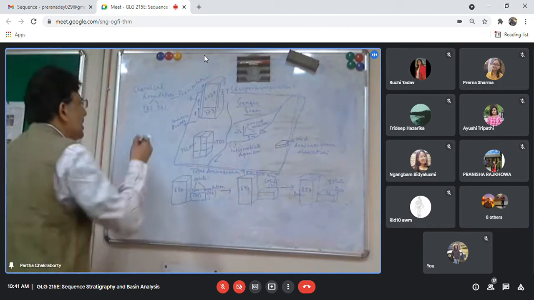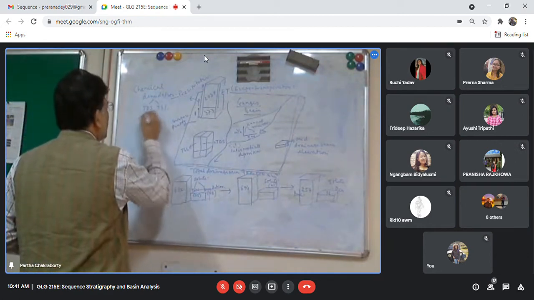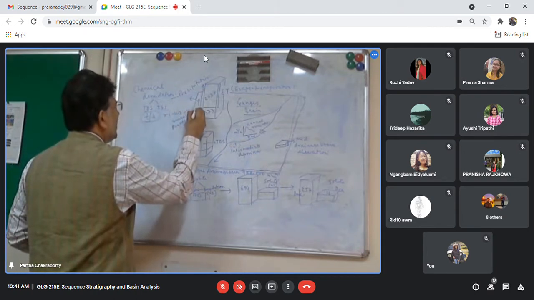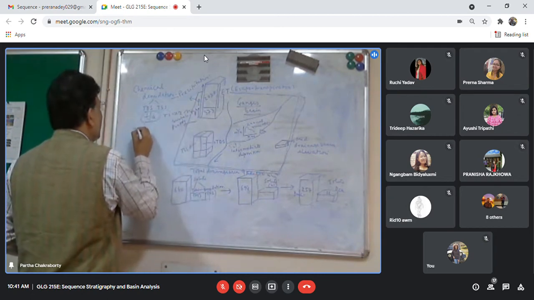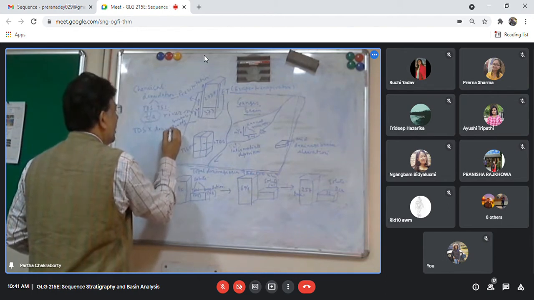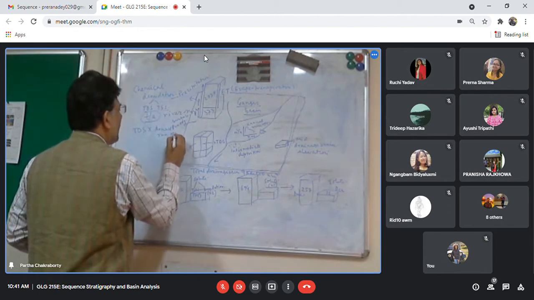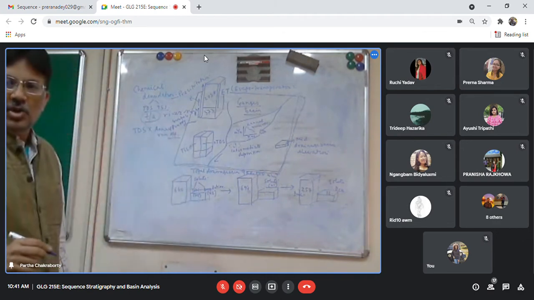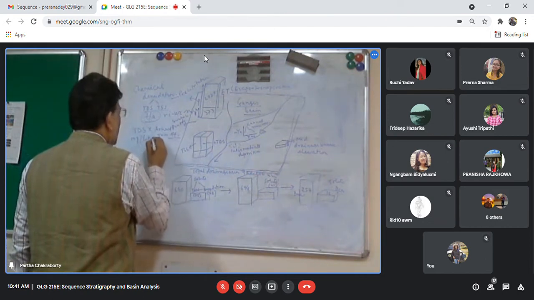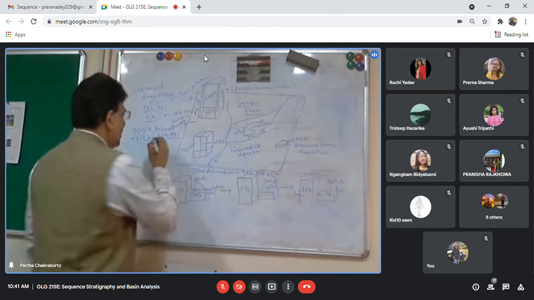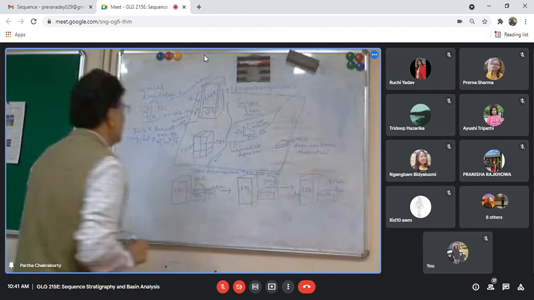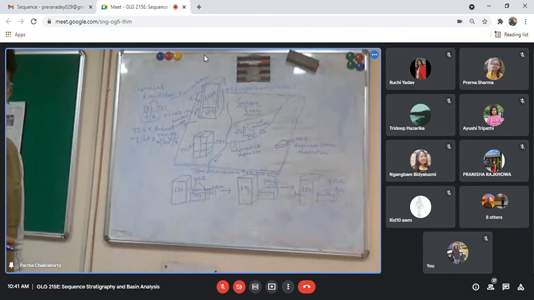So the total load, that may be tons per annum in a river system. How do we get that? We will be multiplying the TDS, in mg per liter, by the annual runoff.